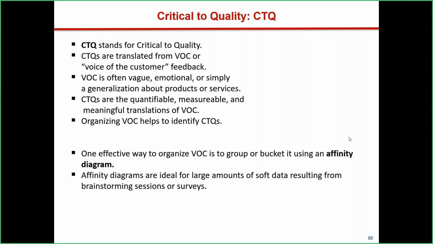One effective way to organize VOC is to group or bucket it using an affinity diagram. Now, this is how you can identify organized VOC before you convert it into a CTQ. Affinity diagrams are ideal for large amounts of soft data resulting from brainstorming sessions or surveys.